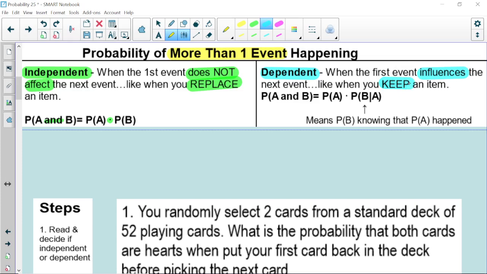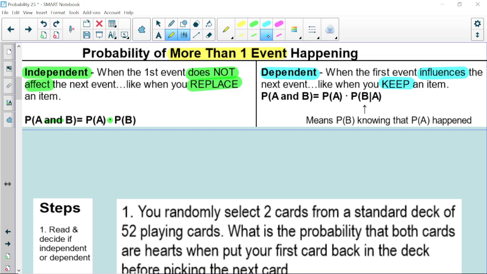So like if someone goes to pick a card and they keep it, now when the next person takes a card, there's one less card for them to choose. If I say, Kimmy, pick a card, and you get the ace of spades, and then I go to Abby and say, Abby, pick a card, Abby does not have a chance to get the ace of spades anymore because Kimmy kept it. So it's affecting a new probability.